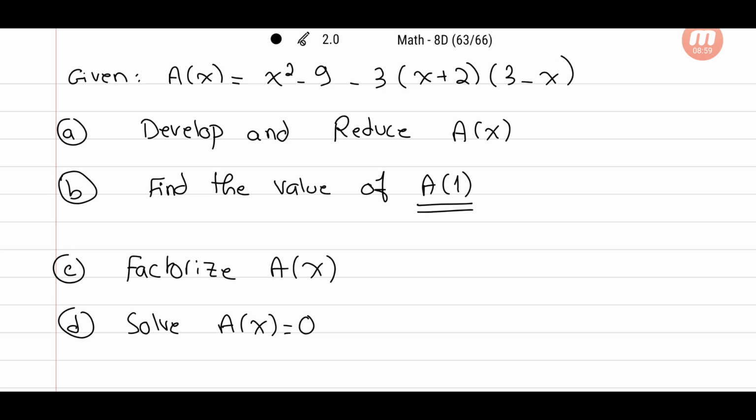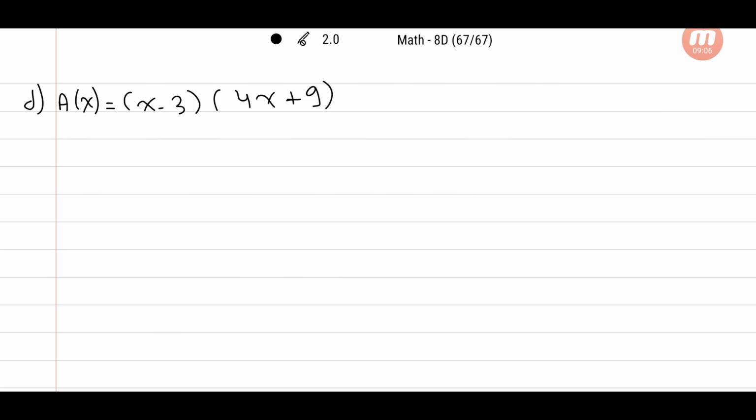Now part D, solve A(x) = 0. So to solve A(x) = 0, I need to take the factorized form and solve it equal to 0. So I take the factorized form, A(x) = (x − 3)(4x + 9), and I solve it equal to 0. So (x − 3)(4x + 9) = 0.